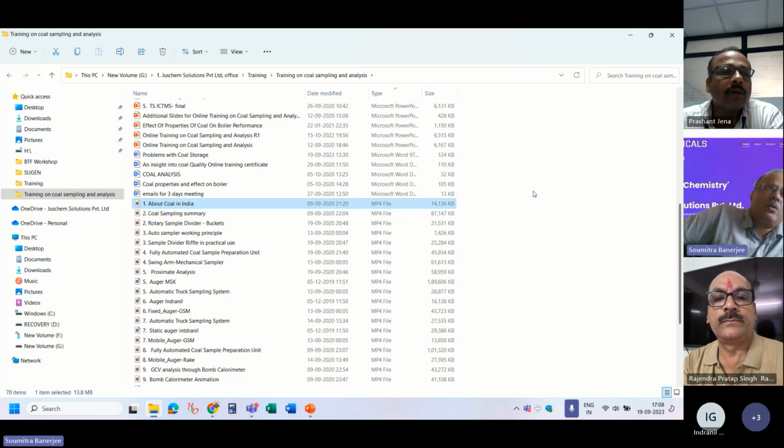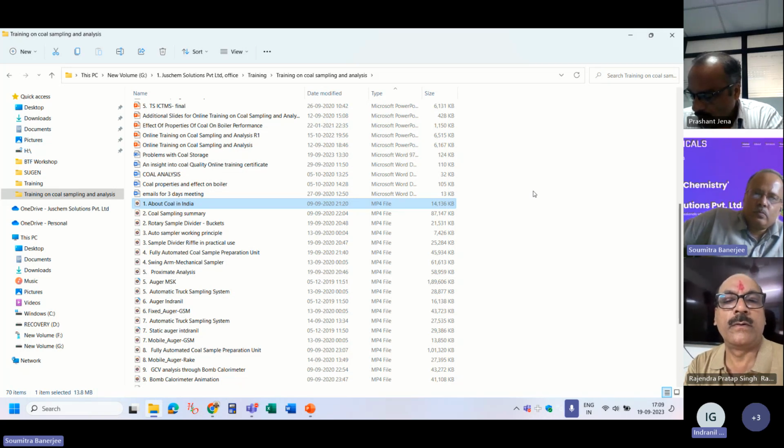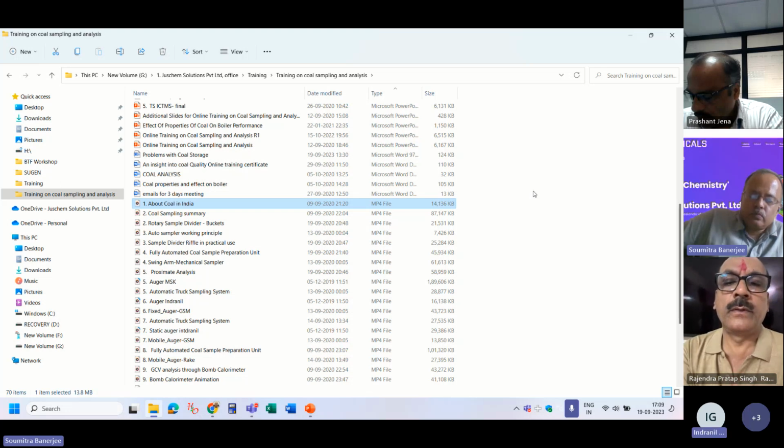Is that correct or wrong? Yes, sir. Actually, we are finding it because of the problem in analysis of inherent moisture. When we are analyzing the moisture corrected GCV, total moisture is having the effect as well as the inherent moisture. So if we are analyzing the inherent moisture without having the constant weight, that is making the difference.